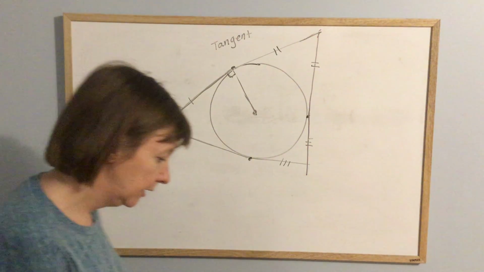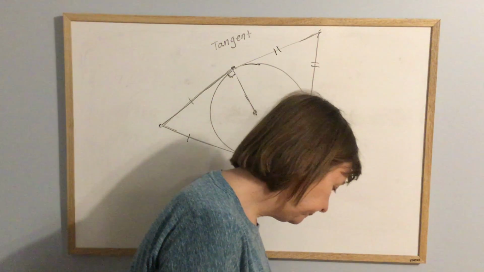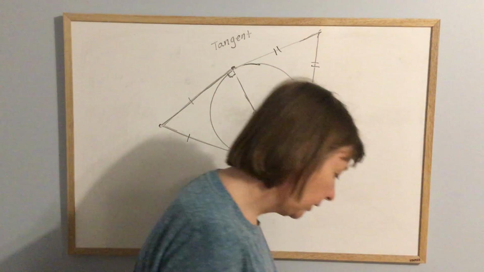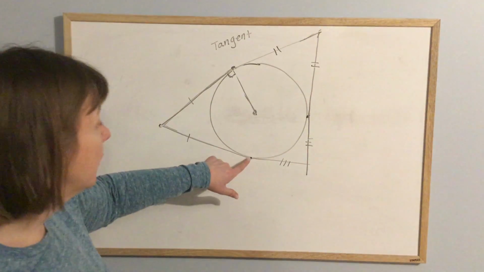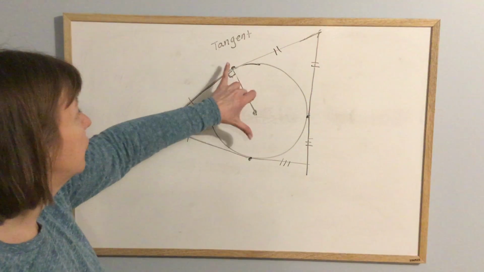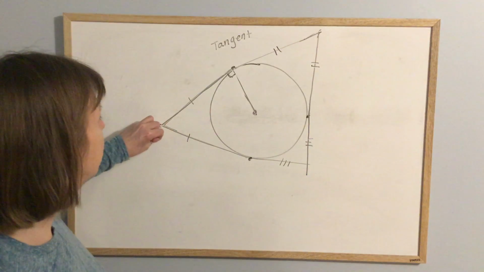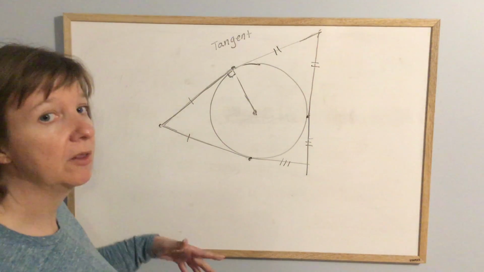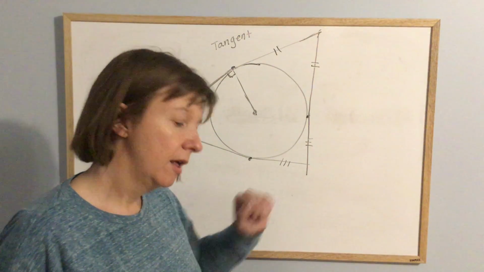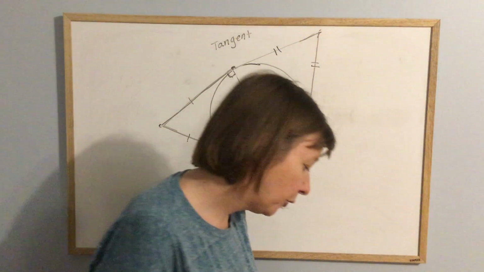All right. So from 2 points of tangency to where they meet, those 2 lines have to be the same length. Have to be. That is listed on page 429.